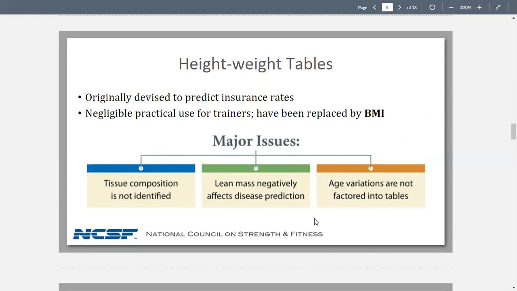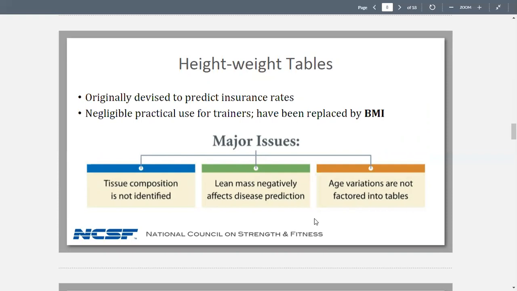So someone with more muscle is going to have a negative effect according to the BMI. They're going to look like they're overweight, but they're not. And age variations are not factored into the table, so there's no age involved. And tissue composition is not identified, so you don't know how much fat and how much muscle you actually have. You're just basing it on a scale.